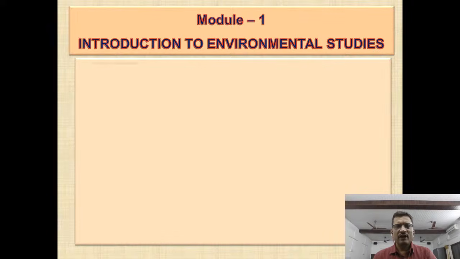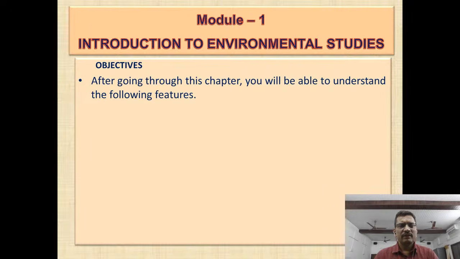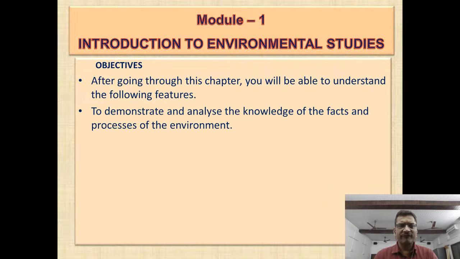All right. First of all, let us try to understand what the objectives of this particular topic module are. After the module is over, all the students should be able to understand these features.